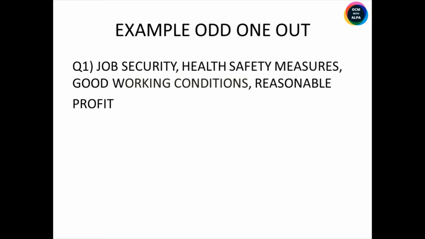As you see here, say for example, you have job security, health and safety measures, good working conditions, and reasonable profits. The first three choices given seem to have a common link, and they're all responsibilities towards employees. And the 4th option, reasonable profit, is the incorrect or the odd one out.